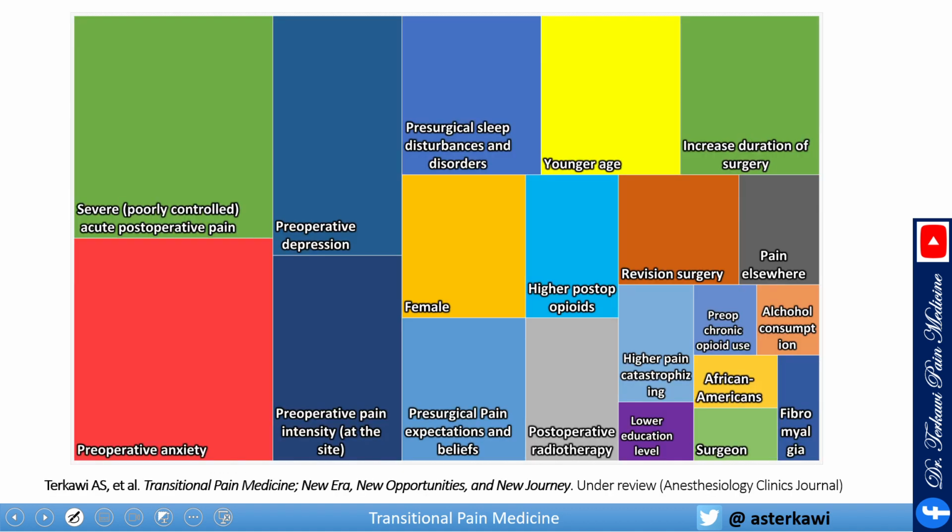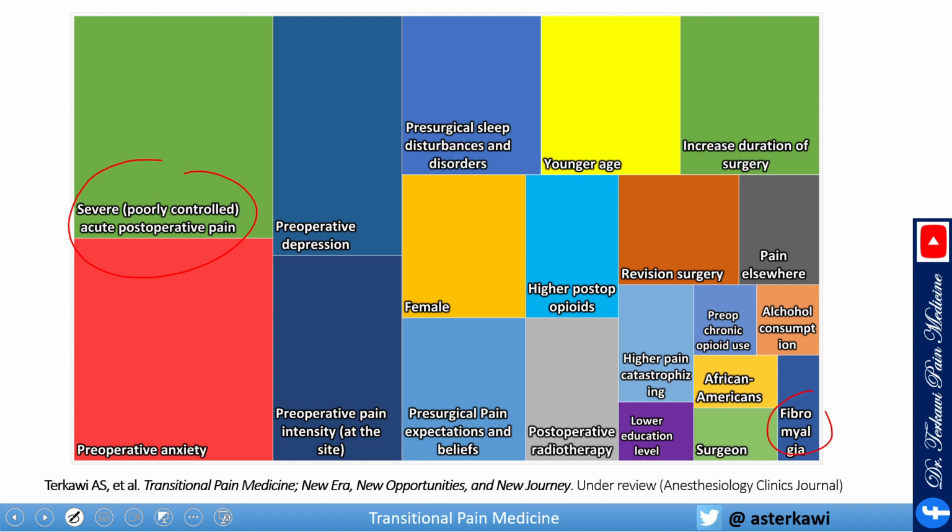Now, this is again in my manuscript that's still under review. So what we did here, as part of the systematic review, we did a PubMed search looking for risk factors for chronic post-surgical pain. And then we put them on an Excel sheet, and we counted how many times each factor was mentioned in the literature, and we ordered them from the most common to the least common.